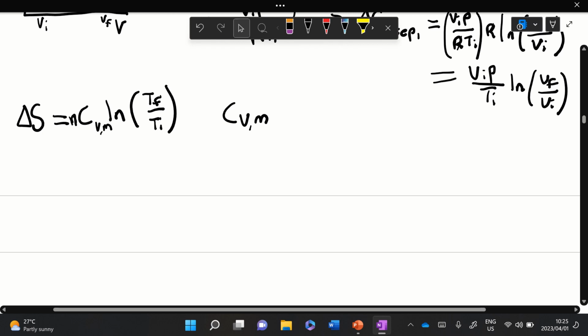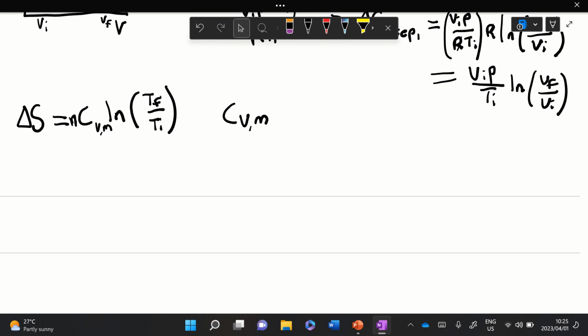And Cvm we can get from the equipartition theorem. If you recall, the equipartition theorem gives us a way to calculate the internal energy of molecules, of atoms, or whatever. So the equipartition theorem says for a monoatomic particle or gas, it only has translational degrees of freedom.